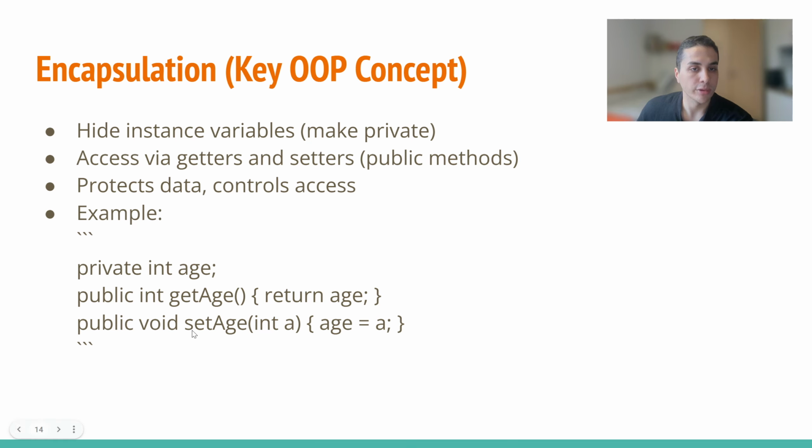And we have a public void setAge, which takes the argument int a and assigns age to the argument you gave it. Basically, this means you cannot access my age directly because it's private, but you can use the getAge and setAge methods to access and modify my age variable.